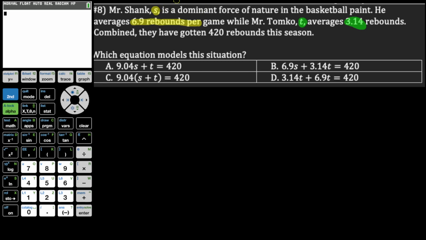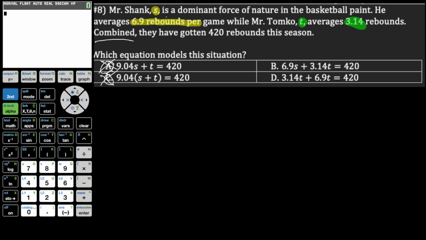Some people are going to see this word combined, and they're going to pick A or C because it adds those two together. However, that's not the case because we know that it's dependent on those two variables.